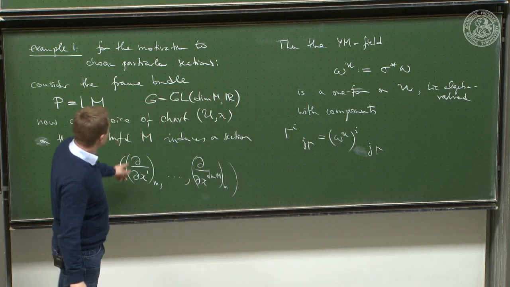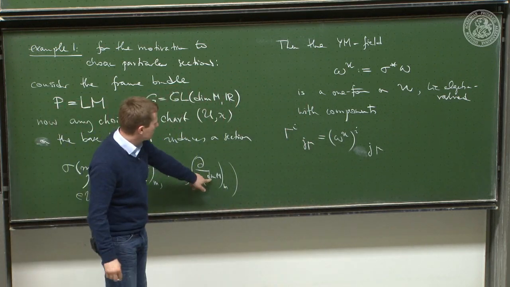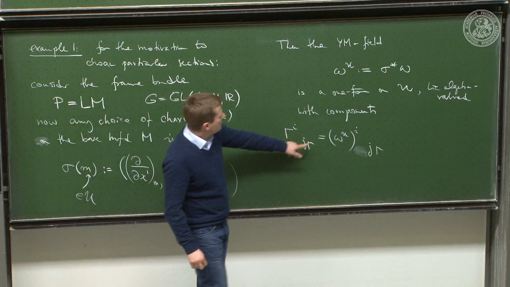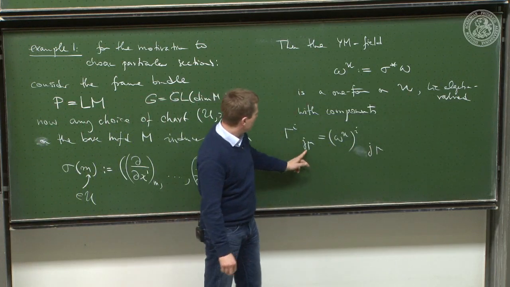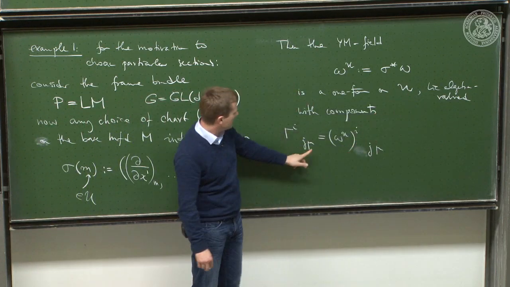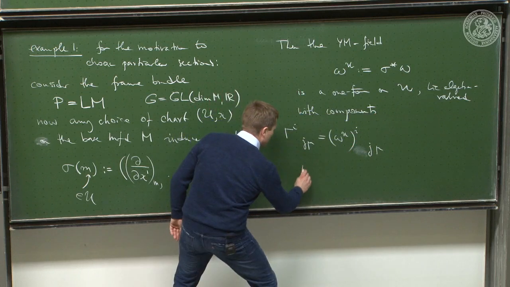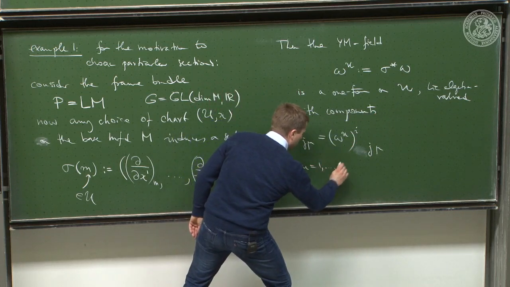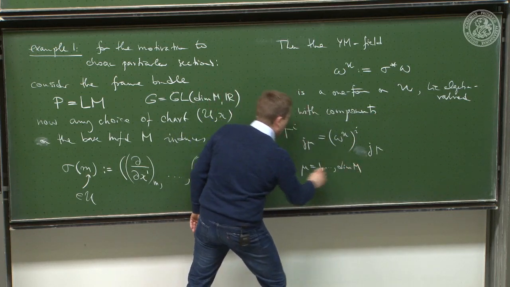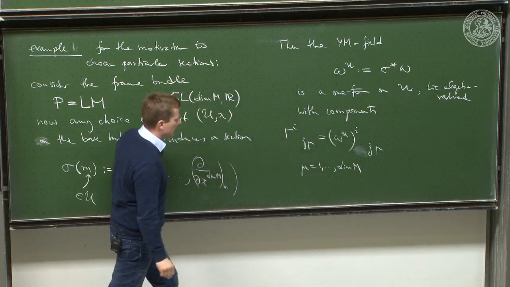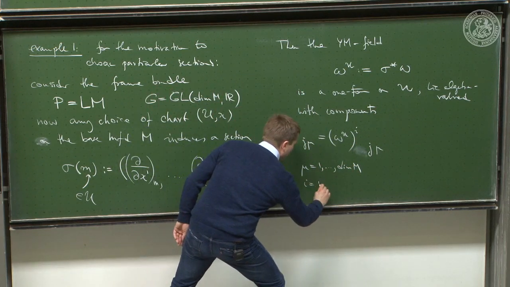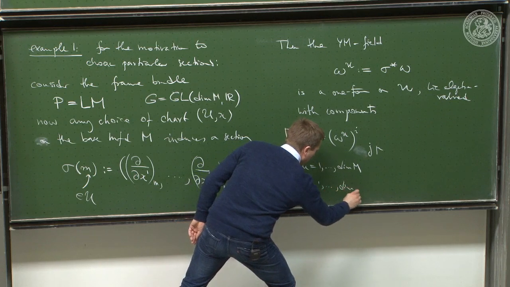The mu runs from 1 to dim M because it's a one form on this part of the manifold M. But the I and the J also run from 1 to dim M. Why?